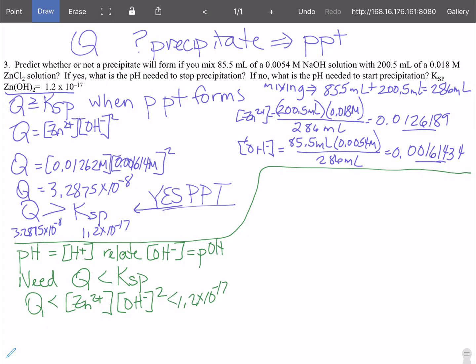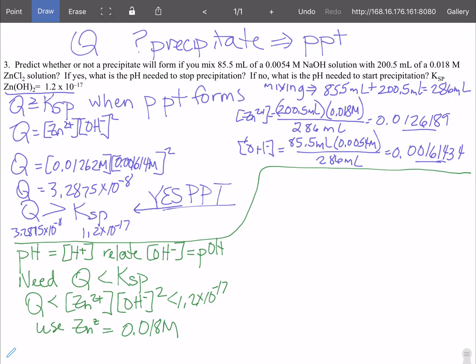So, we've got to assume that we're keeping the concentration of the zinc chloride solution. So what we'll start with is the original zinc concentration, because we don't know what our final dilution is on this one.